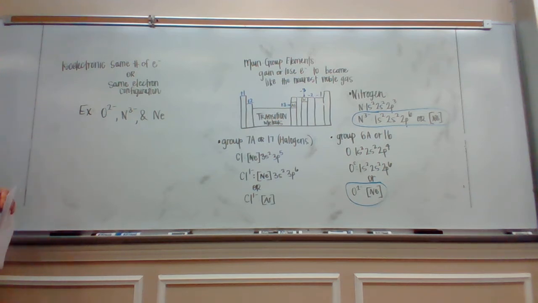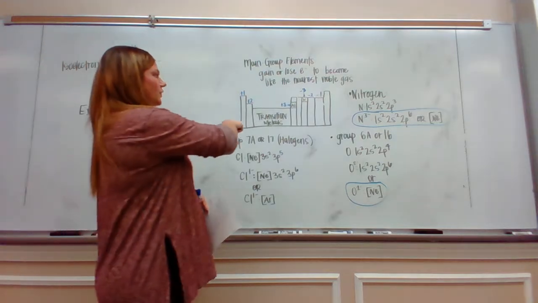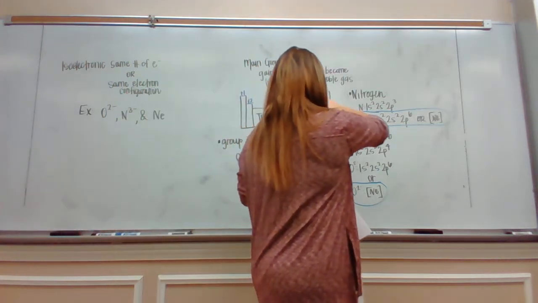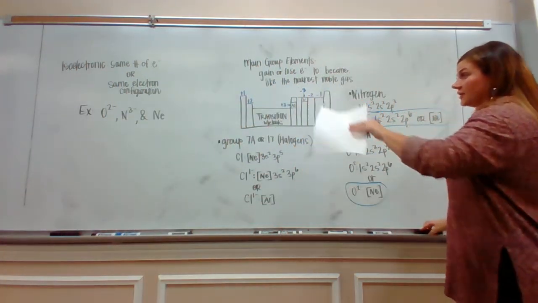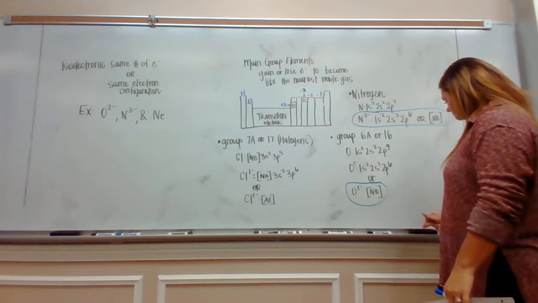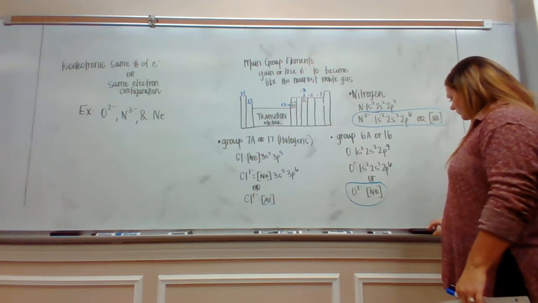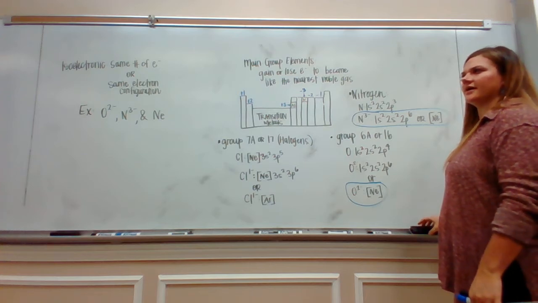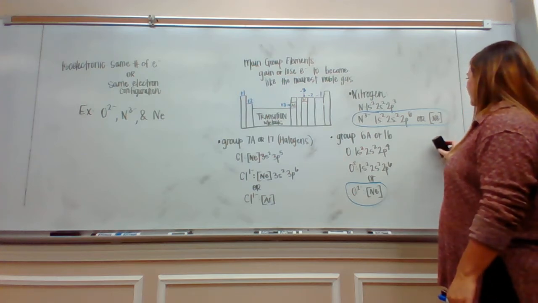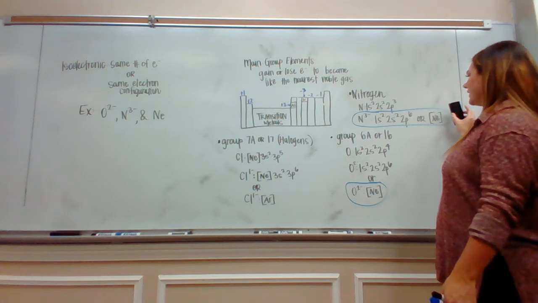Okay, so when we start naming, you will have to know that these groups always form those type of ions. But if you think about why they're doing that, I think it's pretty self-explanatory. They're always trying to get to a noble gas.